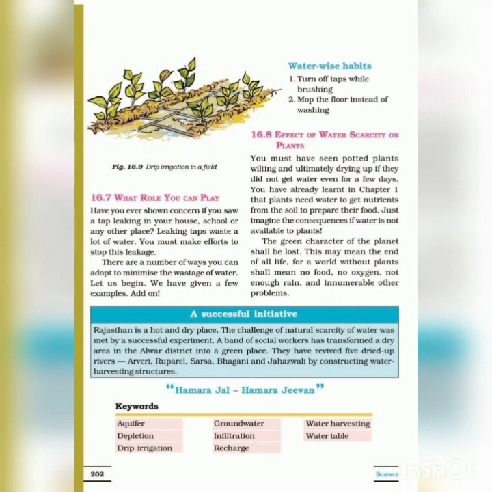It's the layer in the upper part of the earth. Water table means the particles of the soil and the gaps between rocks are filled with water. That is the upper layer of the water table.